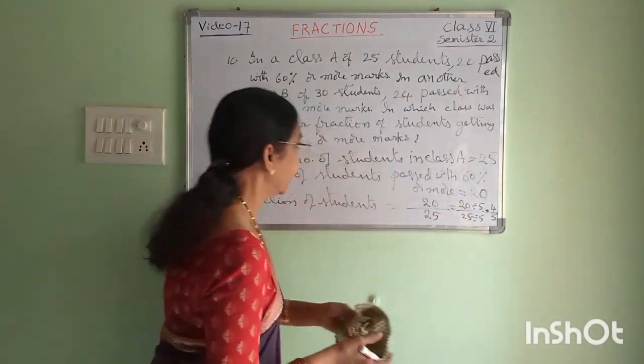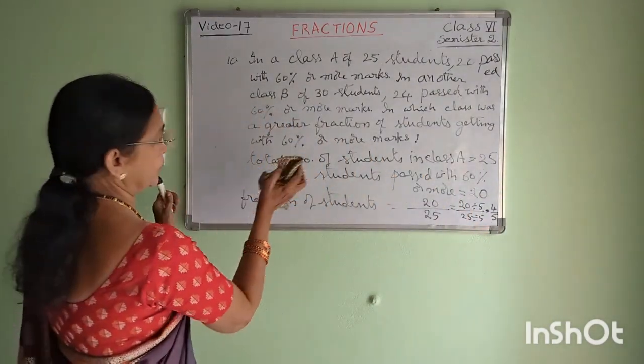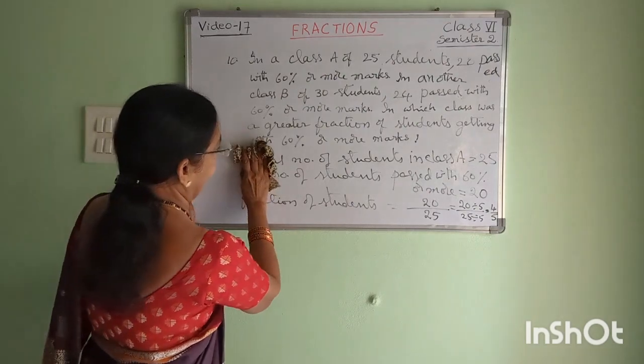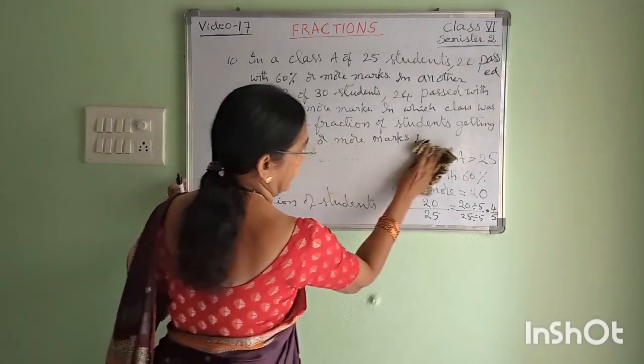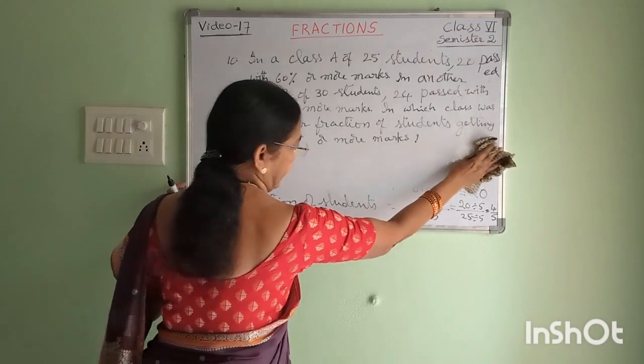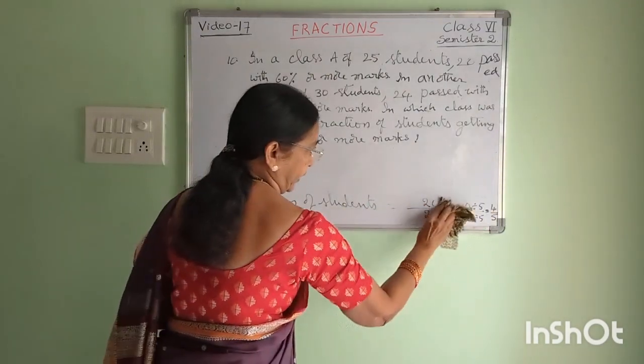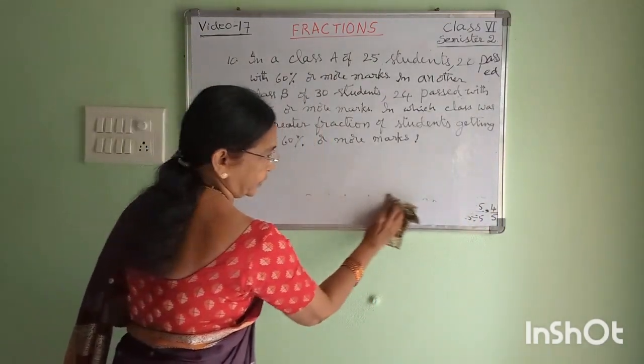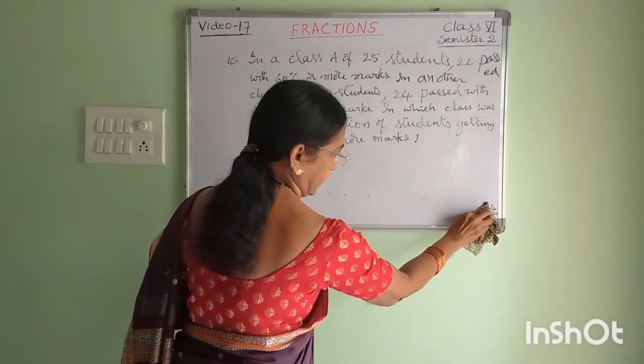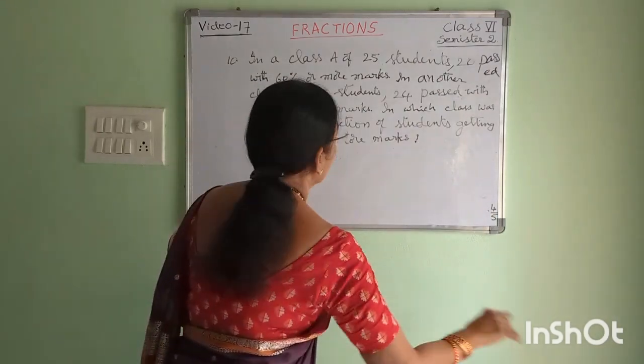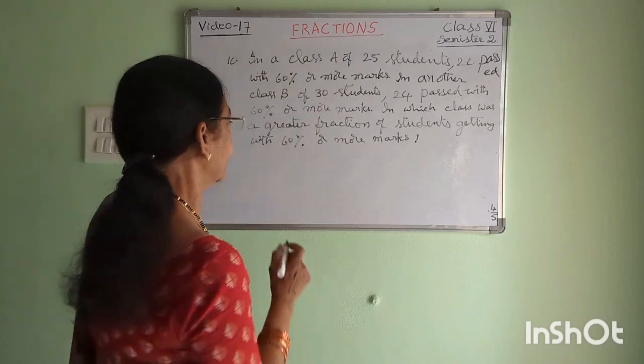Now we will go to class B. In another class B, there are 30 students.